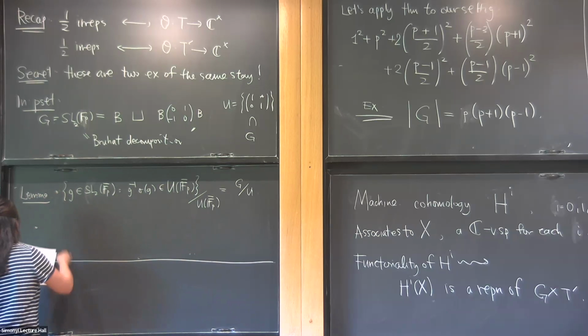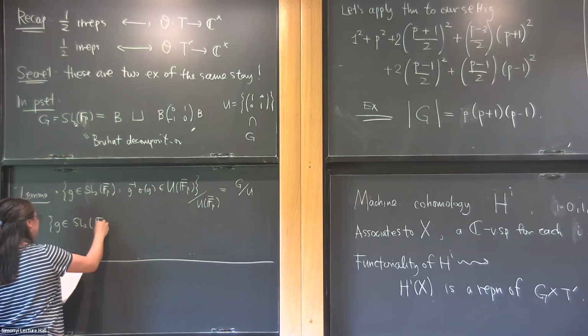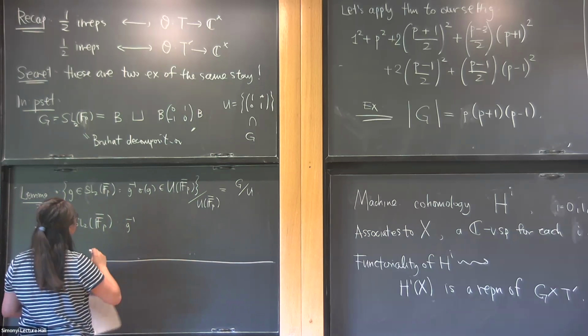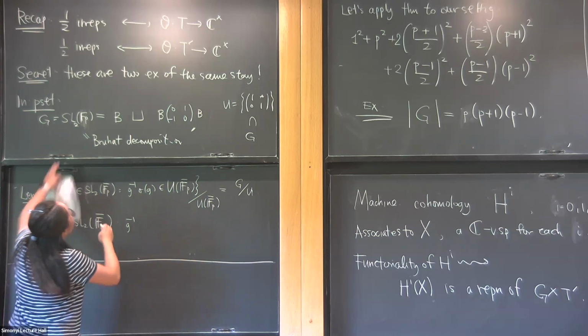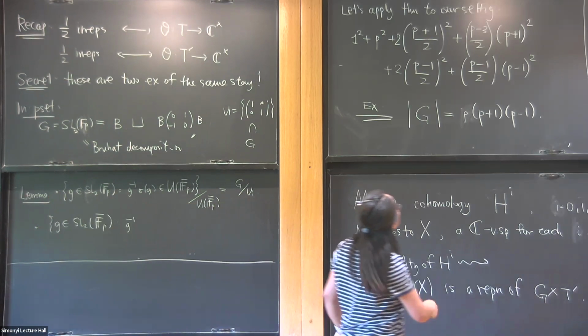And the second thing is that if I take all g inside SL2(F_p bar), sorry, where g inverse, I did not tell you what sigma is. Ask me what sigma is. Okay, this is sigma. Sigma is so important.